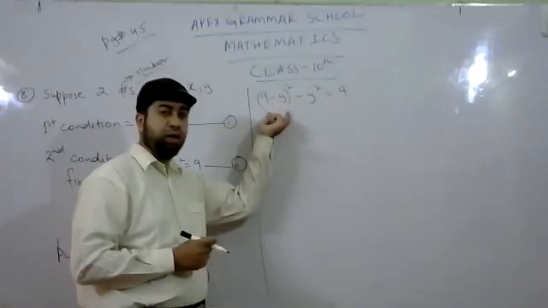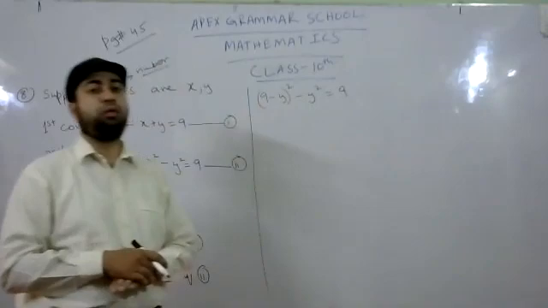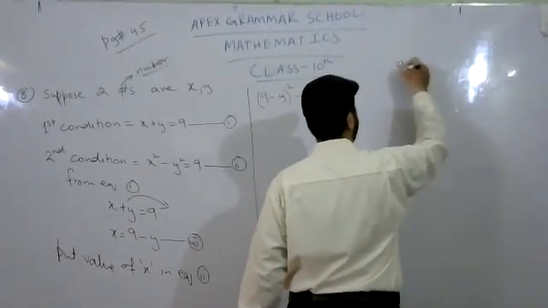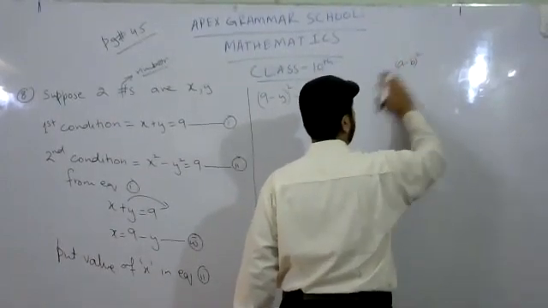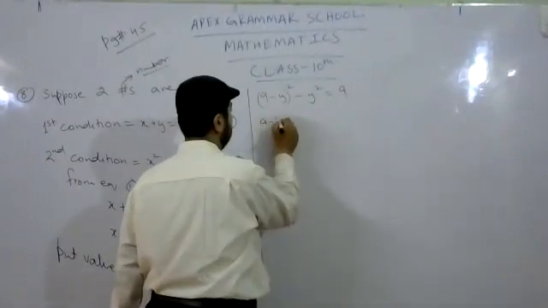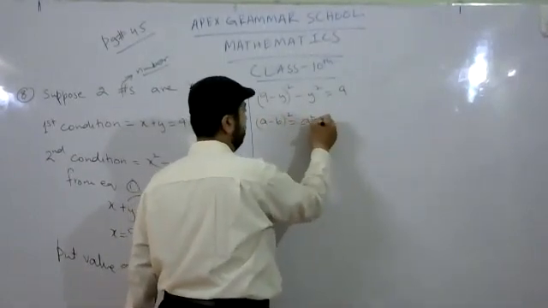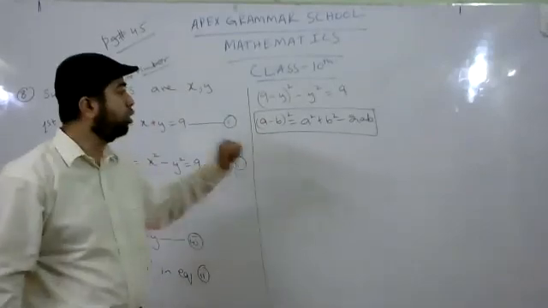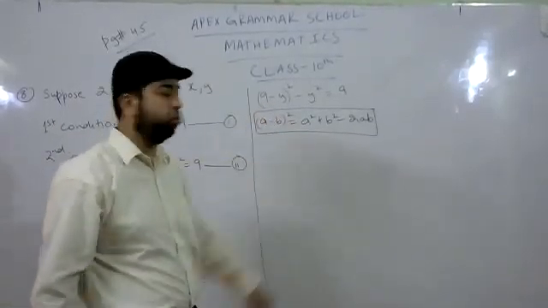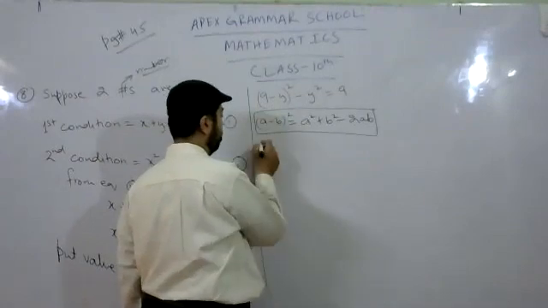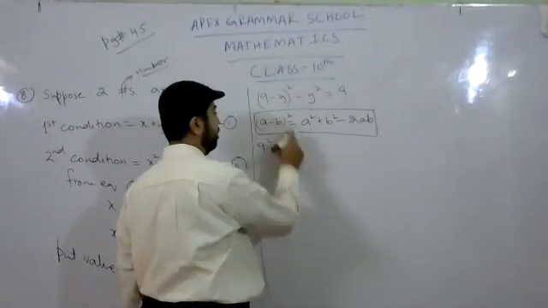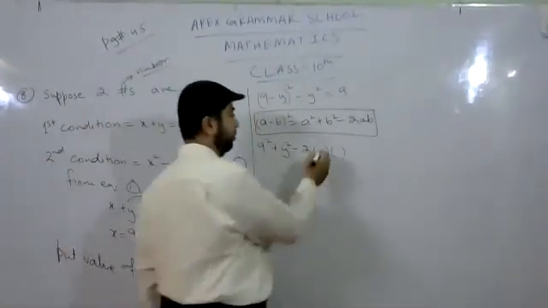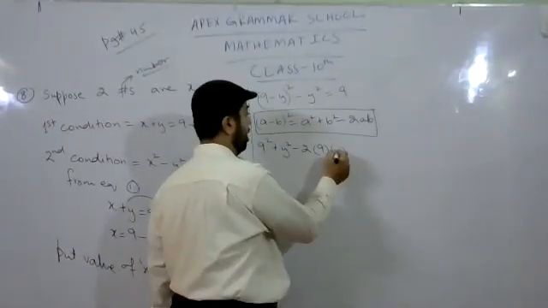So open this square using the a minus b whole square form. Know that a minus b whole square is a square plus b square minus 2ab. So we are opening using this formula. According to this formula, we get 9 square plus y square minus 2 times a and b, where the value of a is 9 and the value of b is y.